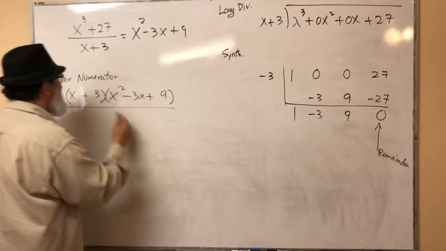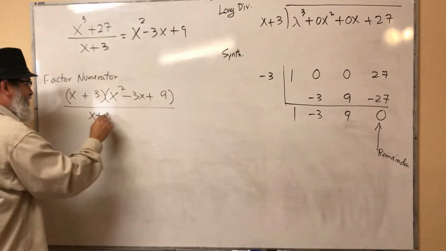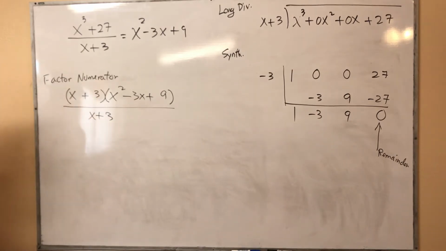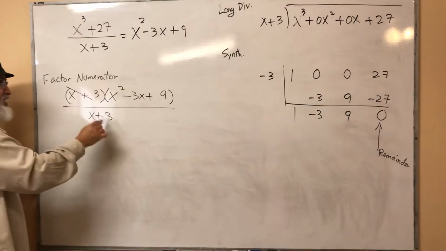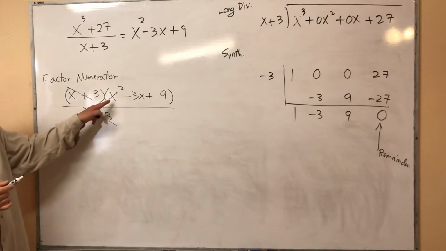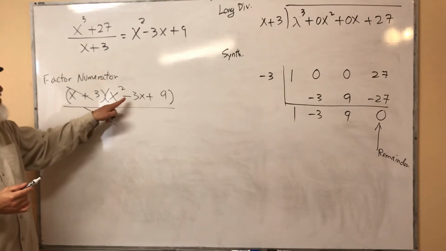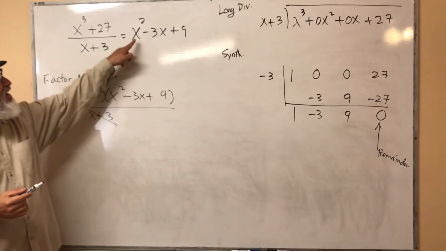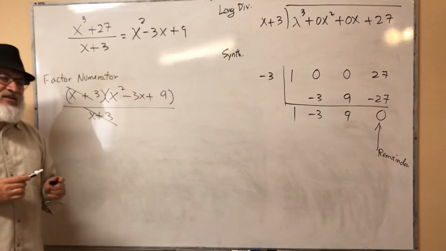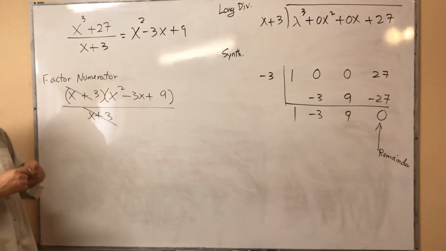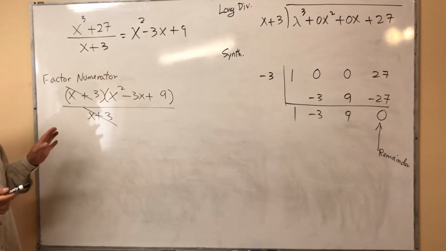Divided by x plus 3. Look, those two cancel. And you get x squared minus 3x plus 9, x squared minus 3x plus 9. So what did we learn from this?